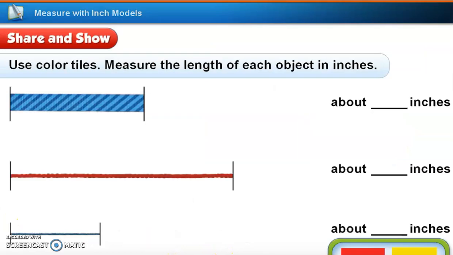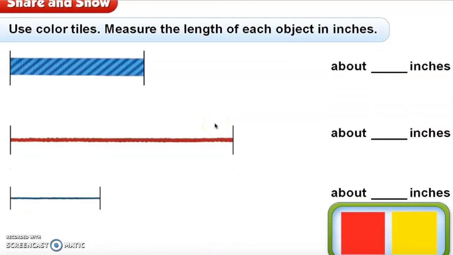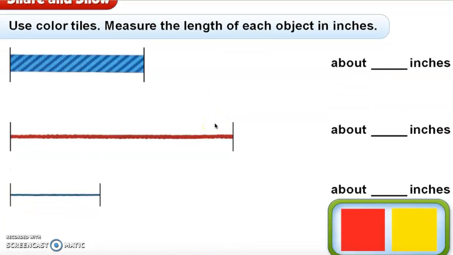Okay? So now let's try it here. Again, it says use color tiles, measure the length of each object in inches. Remember, each tile that we use is going to be 1 inch. Let's start with the first one. We're going to do exactly what we did before. We're going to use the tiles, put them close together so that they're touching and there's no space in between.